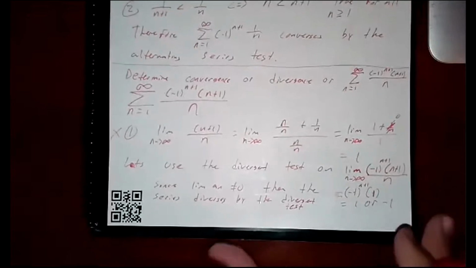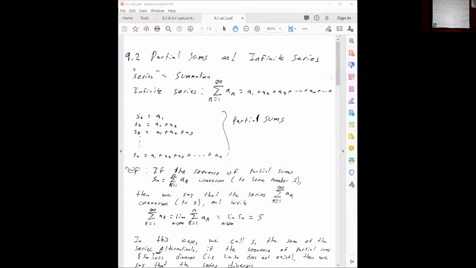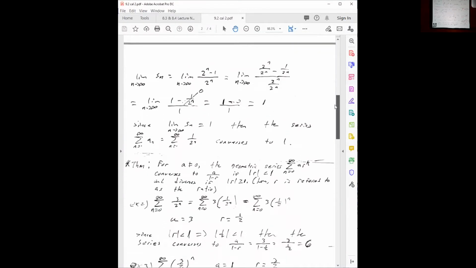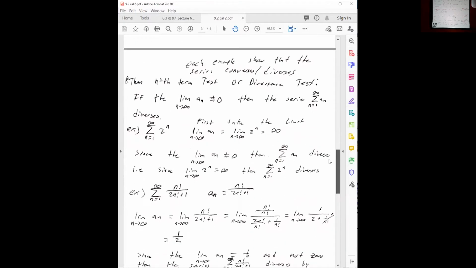Remember, that was a couple of rules ago, right? Let me see if I can find the notes. I think that was 9.1, or no, 9.2. Right, here it is.